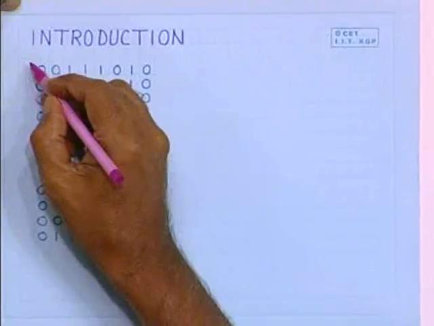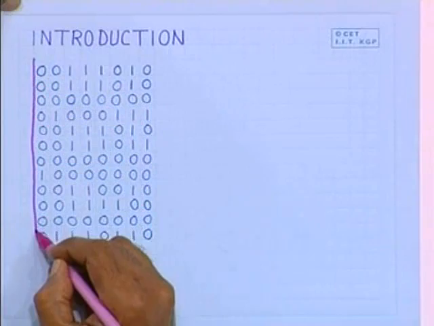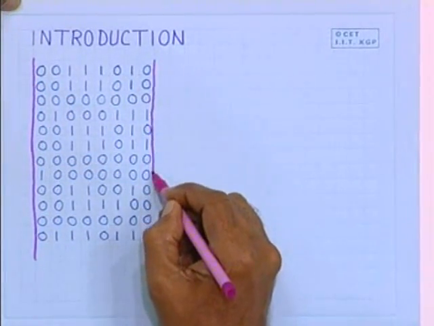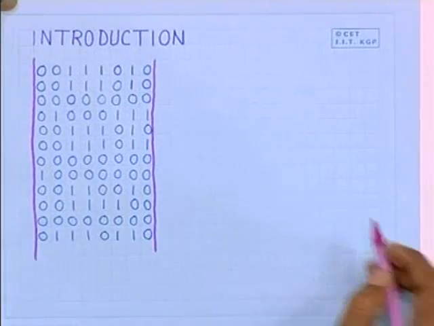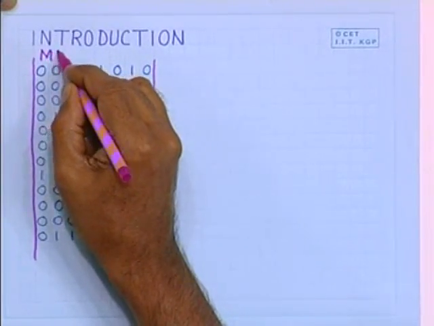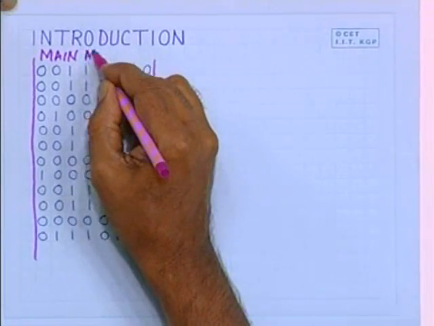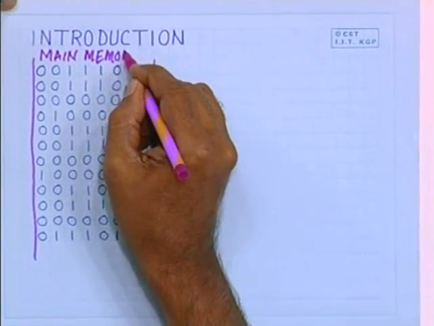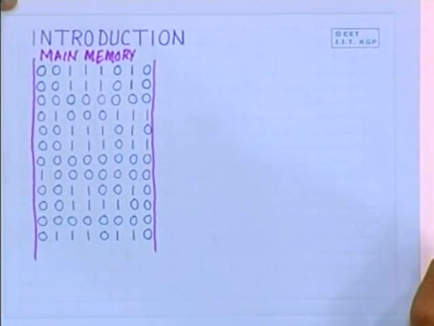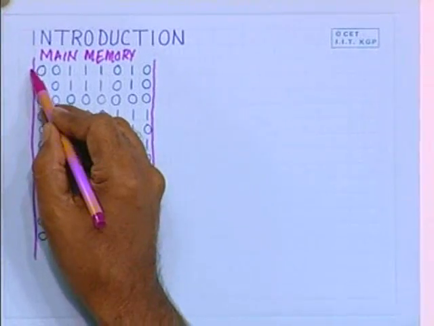For example, here I have written a small program which comprises a set of instructions, and it is stored in the main memory of the microprocessor system or microcomputer. Now, as you know, the memory is organized in terms of bytes. A byte comprises 8 bits, and the memory locations are addressed in terms of bytes.